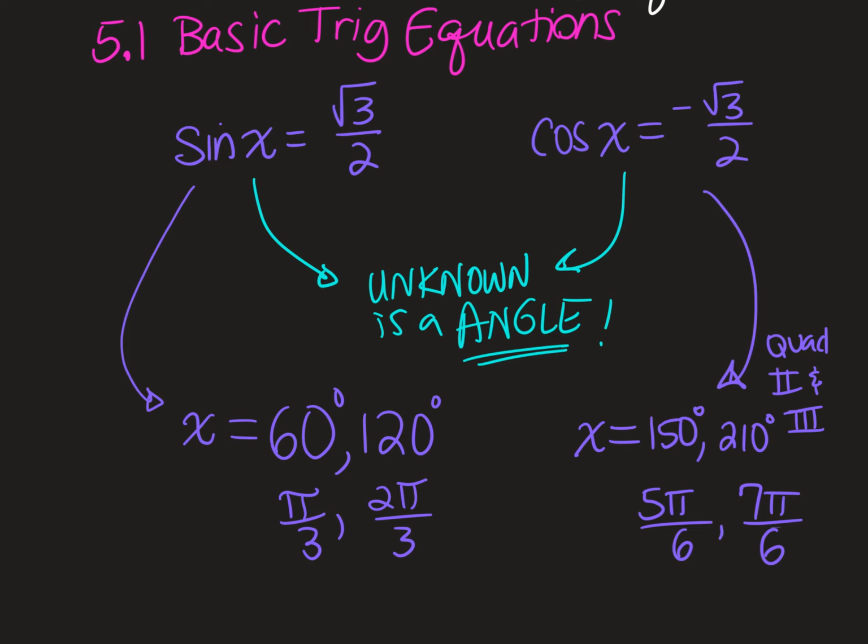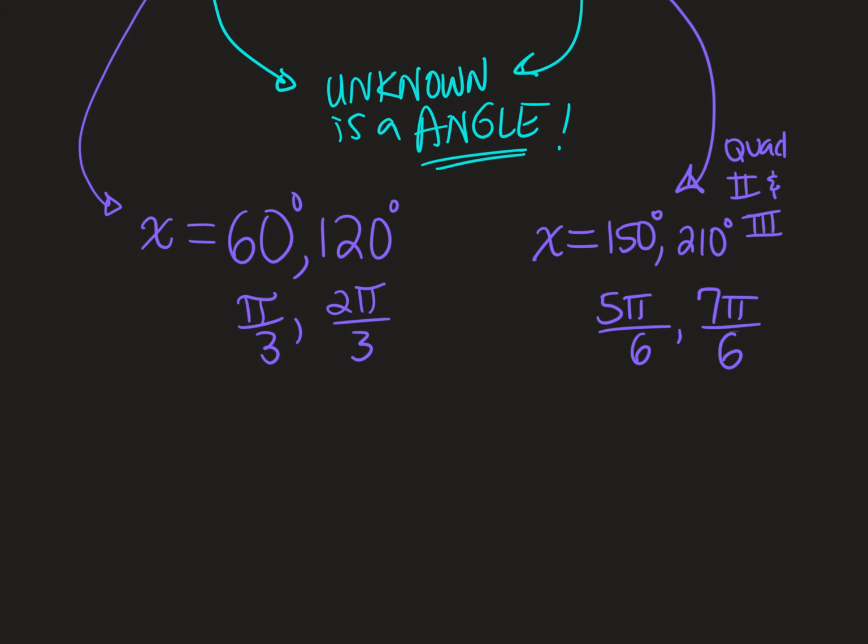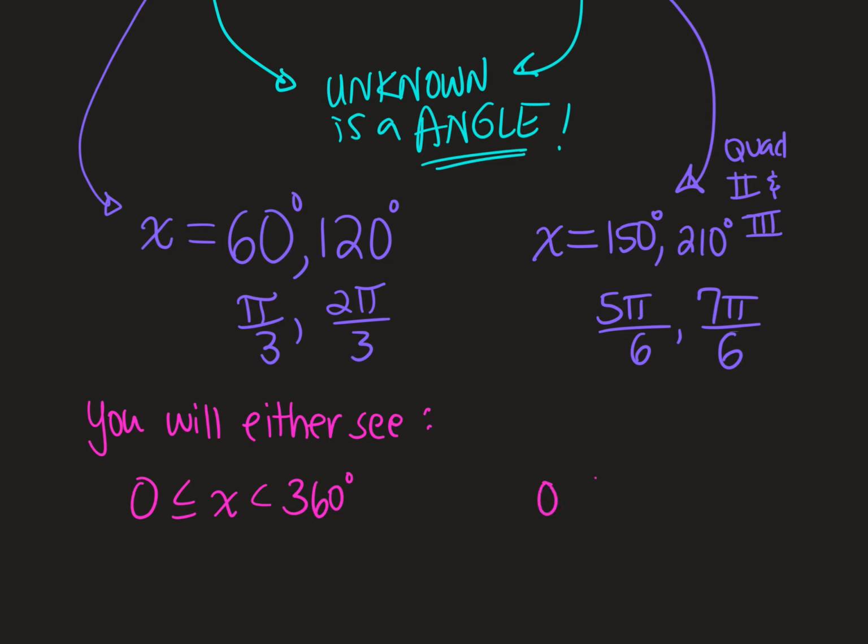All right. How do I know how to give my answers? That's the second question we need to kind of discuss here. So we're either going to see "give your answers between 0 and 360 degrees," or "between 0 and 2 pi."